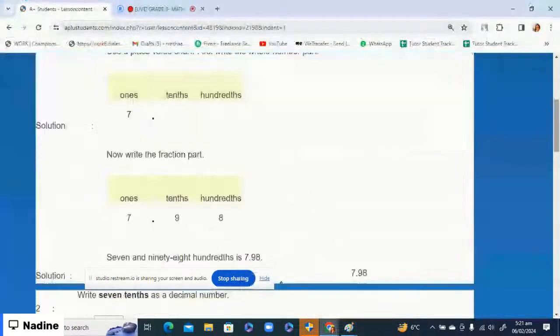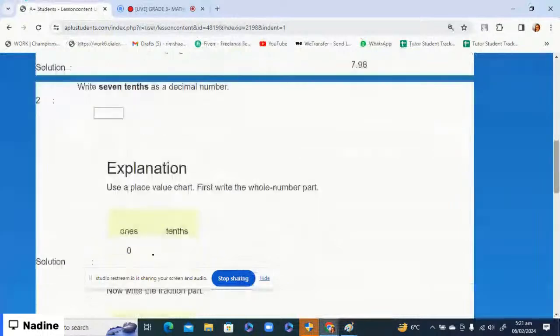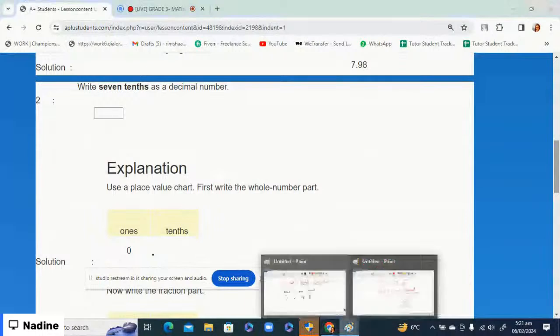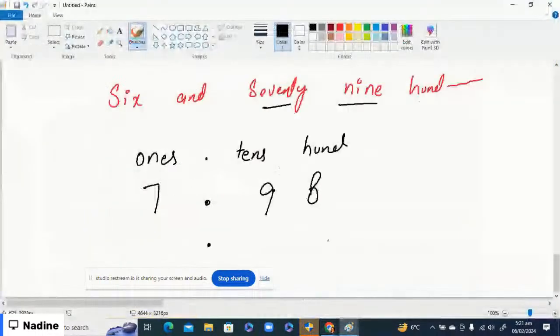Let's do the next. 7 tenths. What does it mean? Here only two digits are involved.